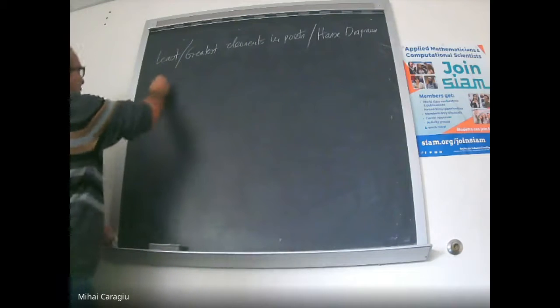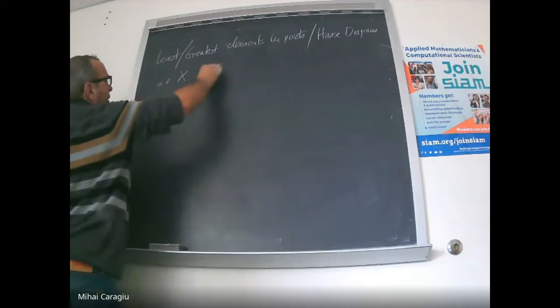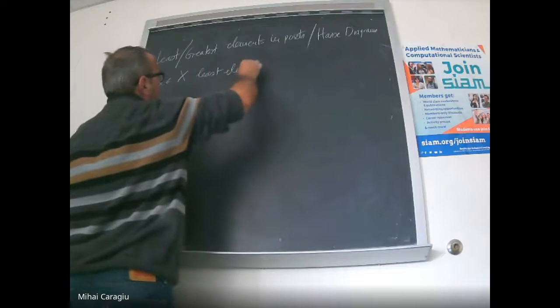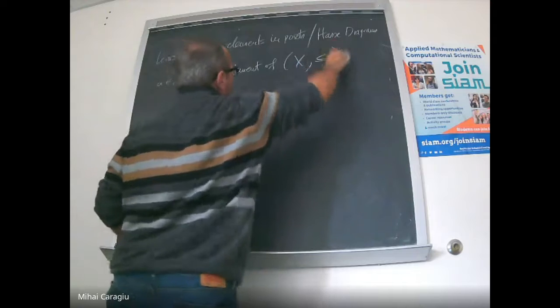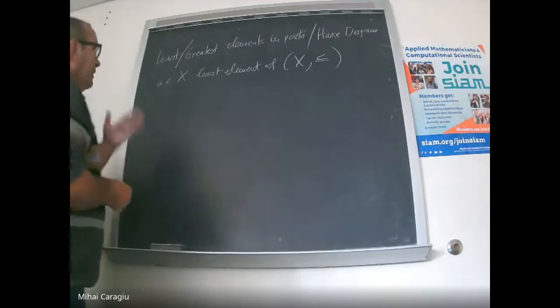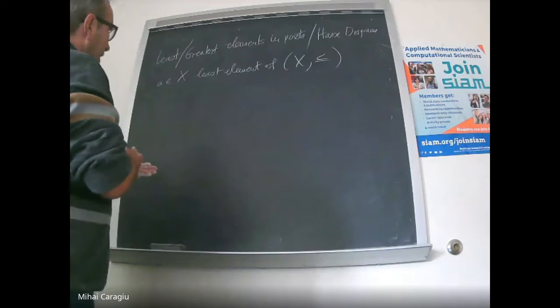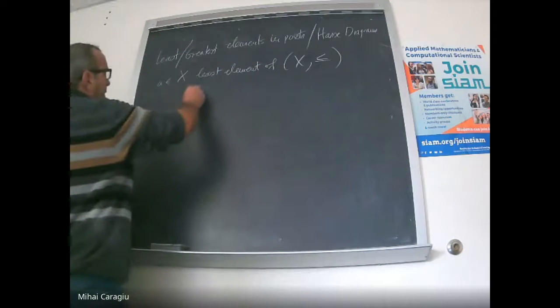So a least element: A belonging to X is a least element of a partially ordered set X with an order relation less than or equal. So what does it mean? In the diagram we can climb from A everywhere we want. Let me give an example.